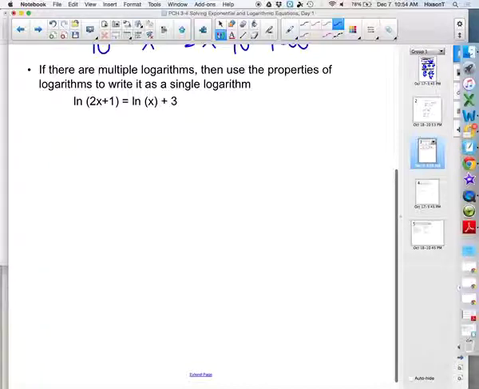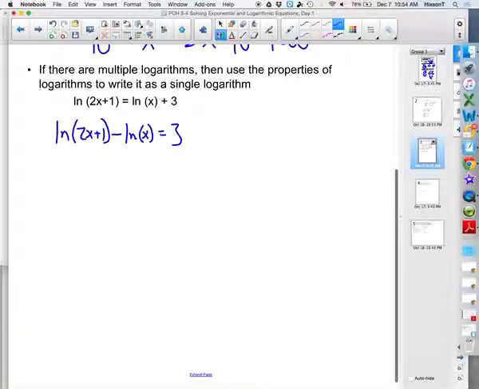So, in this case, we would first want to get the logarithms on the same side of the equation. So if I subtract here, ln of 2x plus 1 minus ln of x equals 3, I can't write it as an exponential yet because I have more than one log.